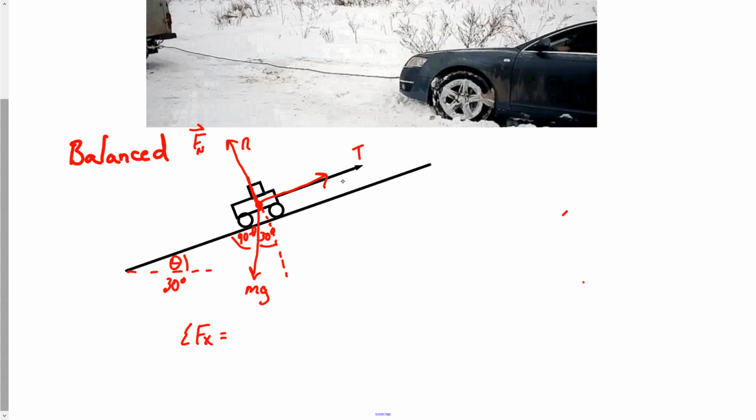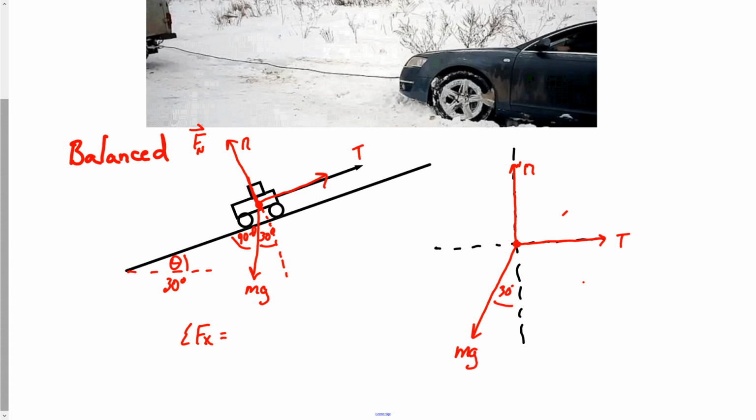Let's draw a separate free body diagram. That one's good, but when you're looking at a problem like this, sometimes you need to look at it with your head tilted a little bit. Let's draw it away from that picture and see that we have a tension to the right, a normal force at 90 degrees to the surface, and then an mg acting at some angle of theta.